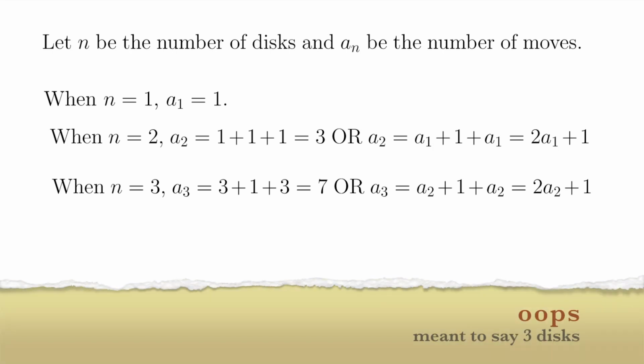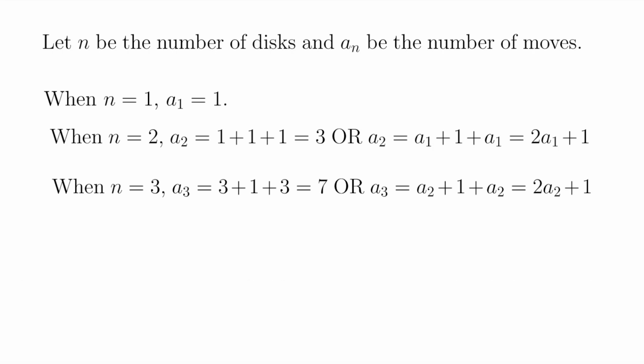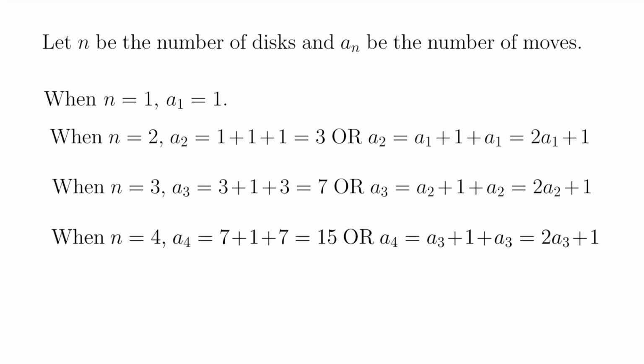Then with 3 discs we got 3, 1, and 3, and with 4 we got 7, 1, and 7. But we can see that we're taking the previous one twice and adding 1 to it. So it gives us a formula: it's the previous one doubled plus 1. So a_n is equal to 2 a_(n-1) plus 1.